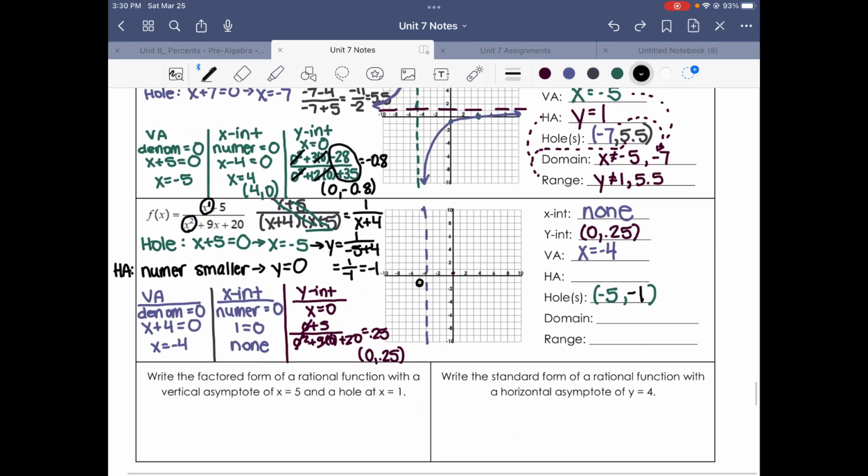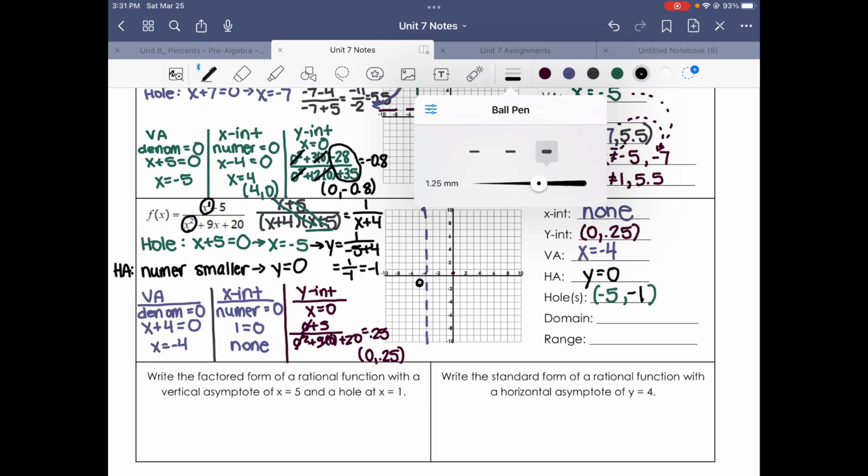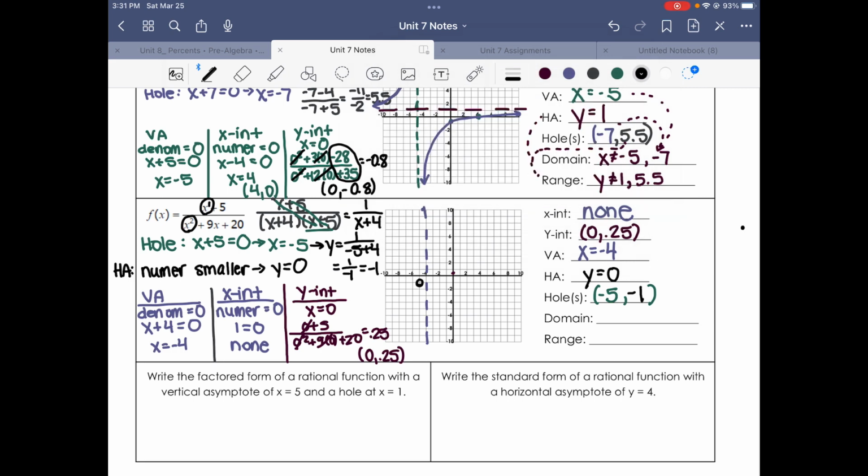Okay, so that means we need to draw a horizontal line where y equals 0. And you'll notice that that's actually the x-axis. And the reason why there can't be an x-intercept is because that's where the asymptote is.